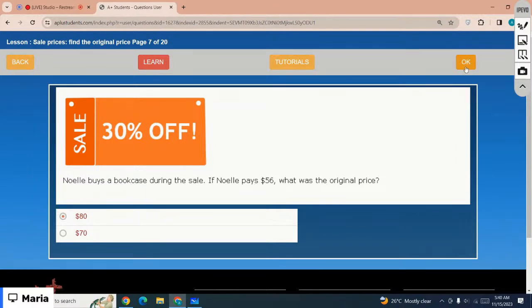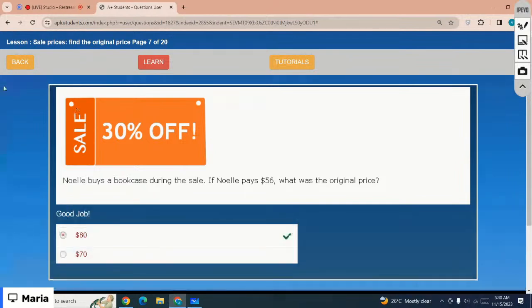Okay, you can complete the lesson by yourself later today. So we were working on grade 7 math. The chapter we were working on is consumer math.